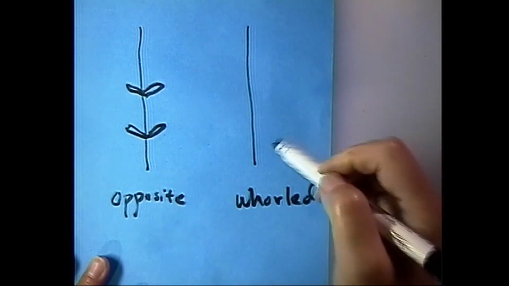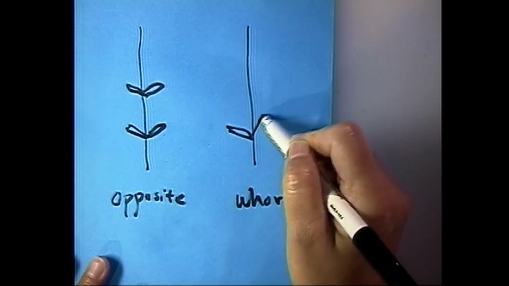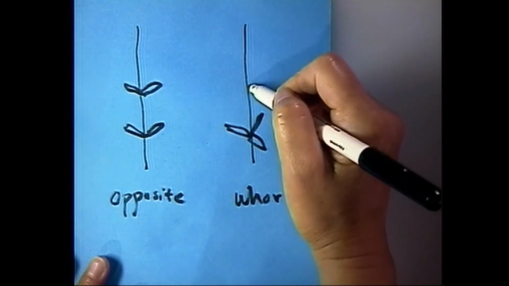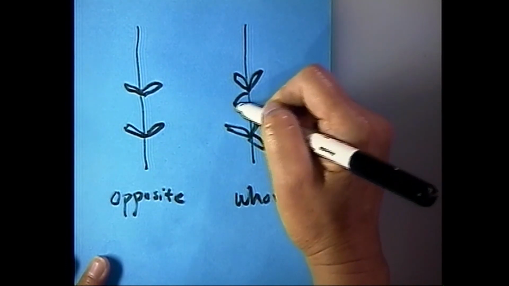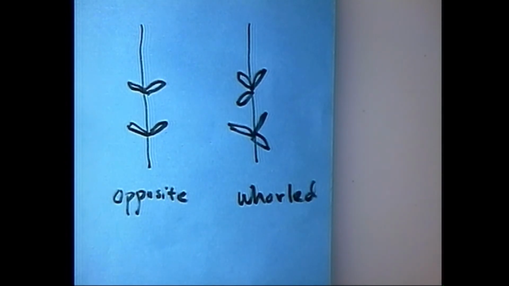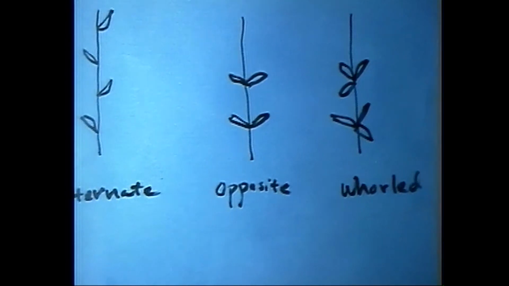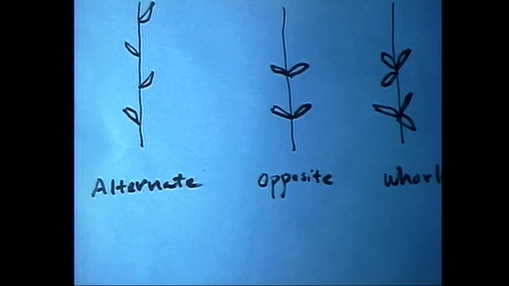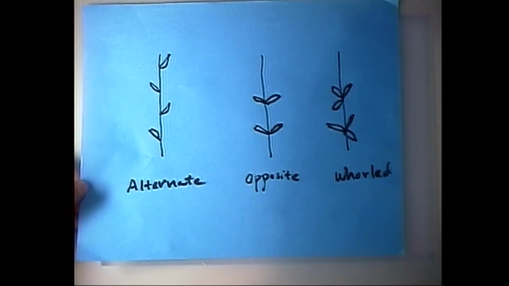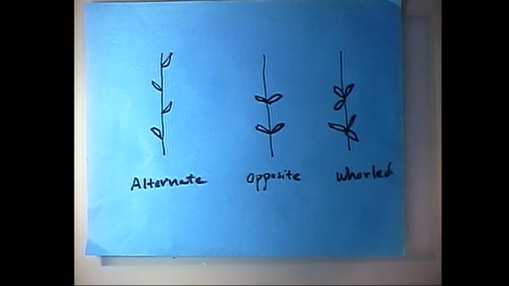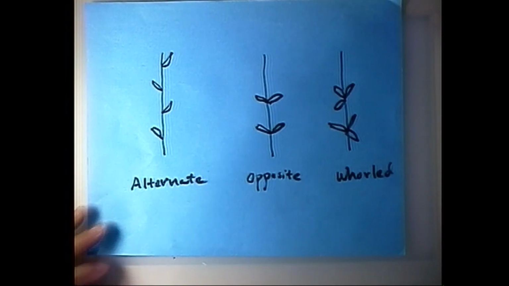That is generally when you have three leaves coming off of one node. So we talked about alternate, opposite, and whorled leaf arrangement, three different types of leaf arrangement. Next time I will probably have samples for you folks to look at.